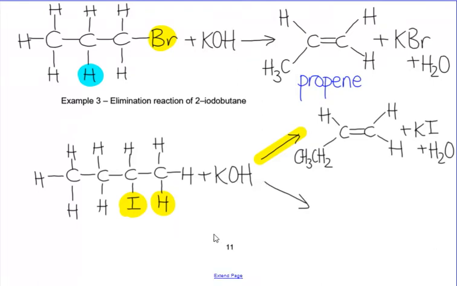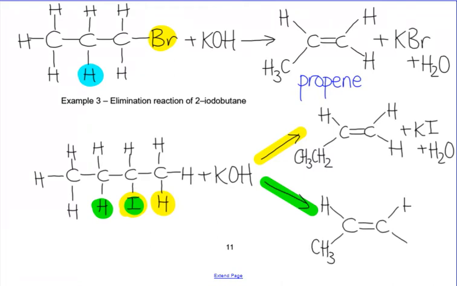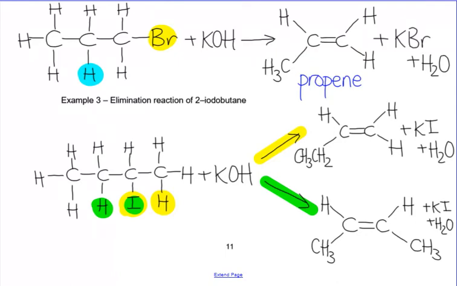Whereas if I were to eliminate the iodine and then the hydrogen to the left, we're going to get a different product, because now the double bond is between those middle two carbons, and one of them on the left has a hydrogen and a methyl group, and on the right also has a hydrogen and a methyl group, plus KI and H2O again.